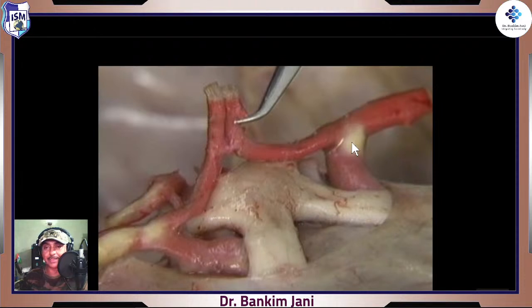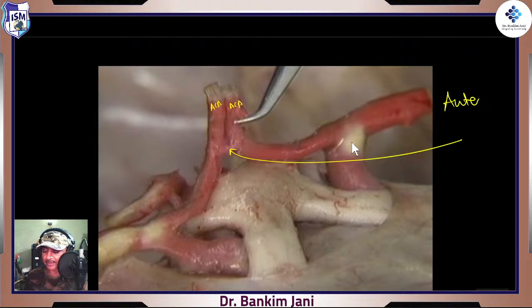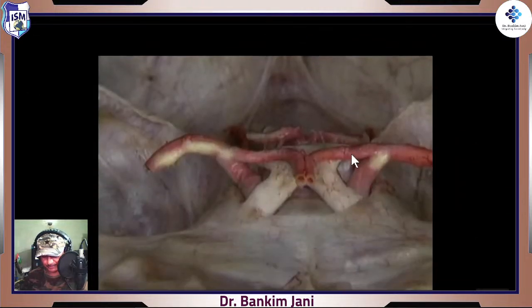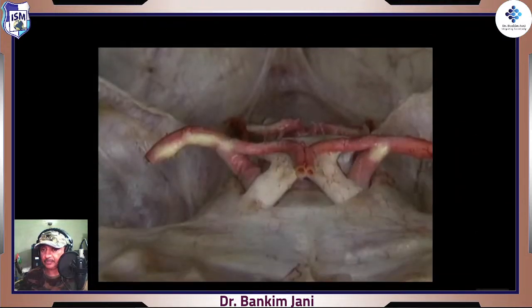But still, we are waiting for that anterior communicating. Both these anterior cerebral arteries, right and left, connect via this small communicating link, and that is none other than the anterior communicating artery, right? So that's how all the things are positioned. Okay. So here it is, everything good, right?